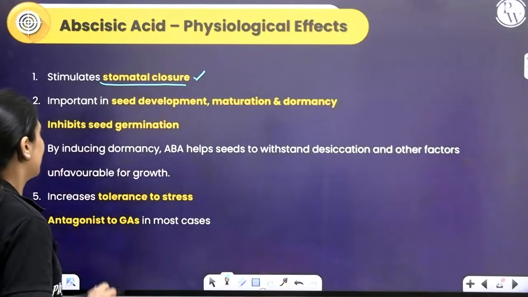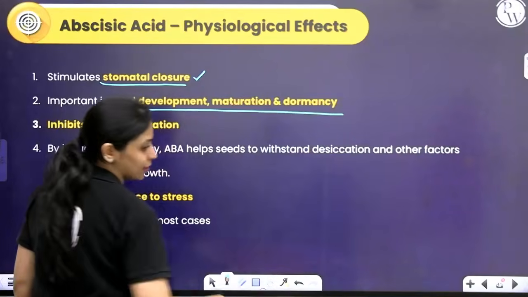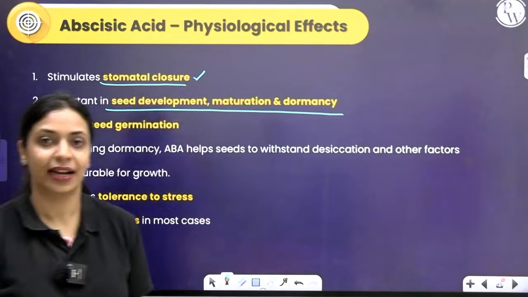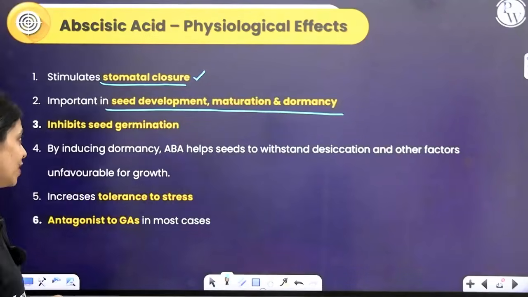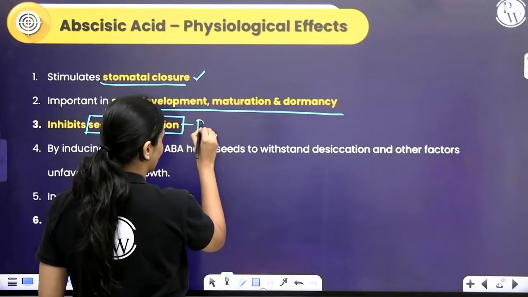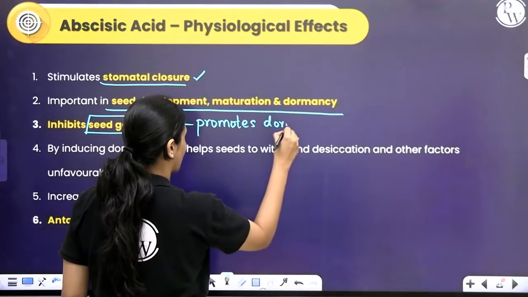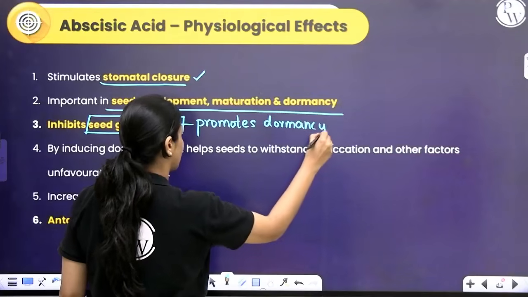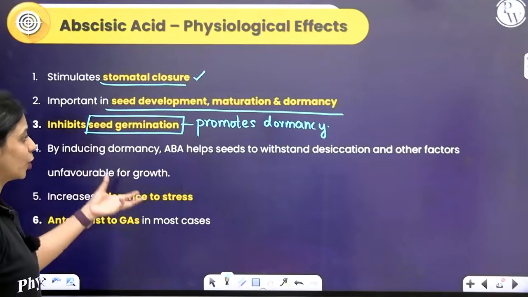Next, it is very important when it comes to seed development, the maturation of the seed and the control of its dormancy. Abscisic acid plays a very important role. It inhibits seed germination, which means it promotes dormancy. Why does it promote dormancy?